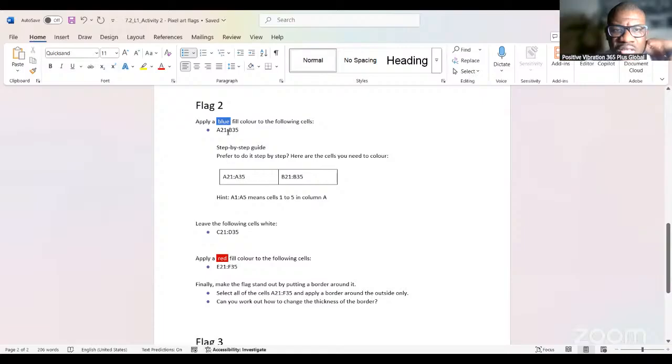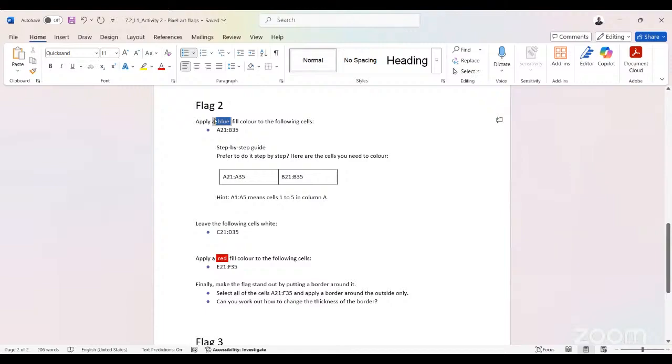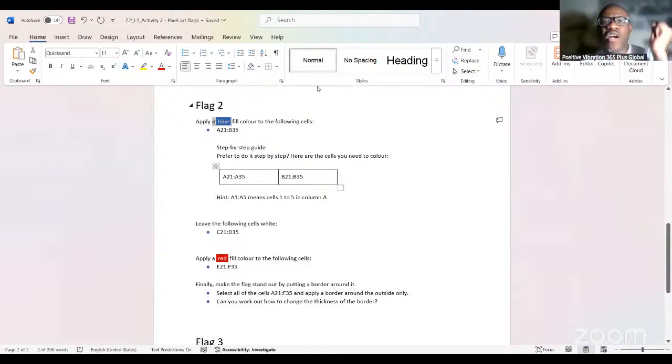So from A21 to B35 should be what color? Blue. Blue. And then, all right, so now go talk to me then. So I'm going to try and do this one. We're going to do this one together. And then I'm going to give you flag 3 to do by yourself. All right? And then we wrap up for today. And everyone should understand what cells are.